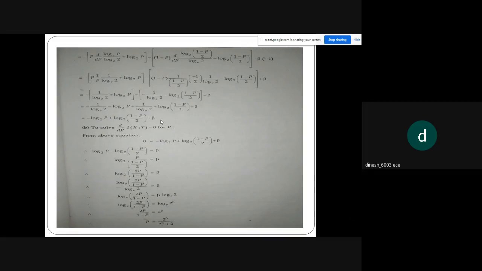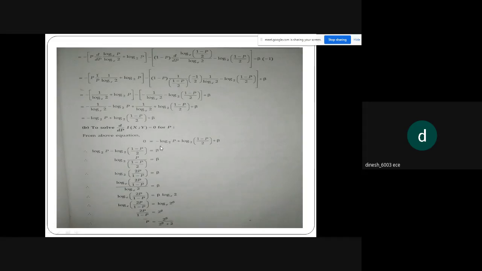Okay, for this we need to equate the differentiated value to 0. This is an important condition for obtaining p. So equate this to 0.